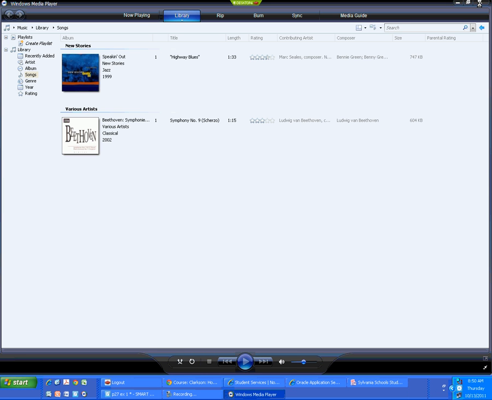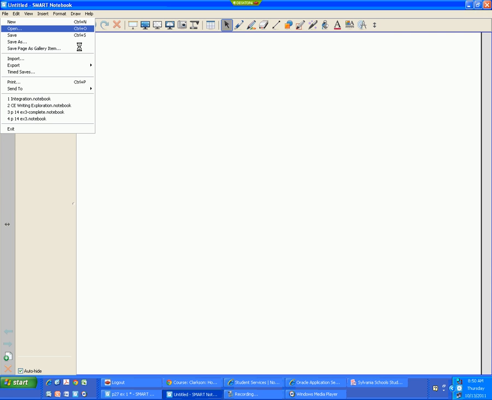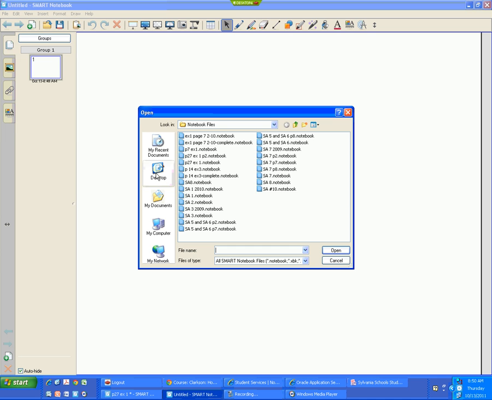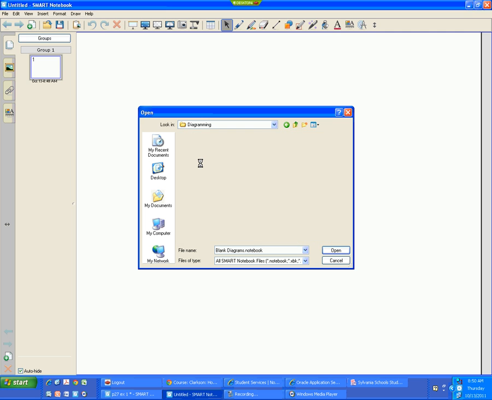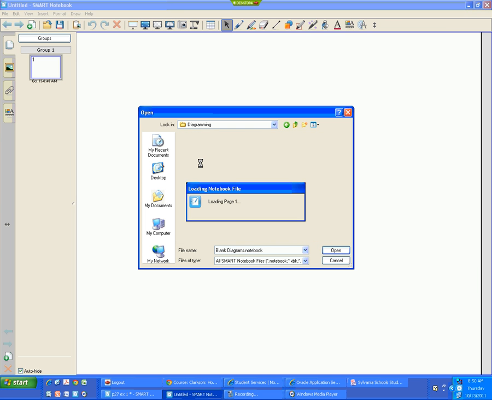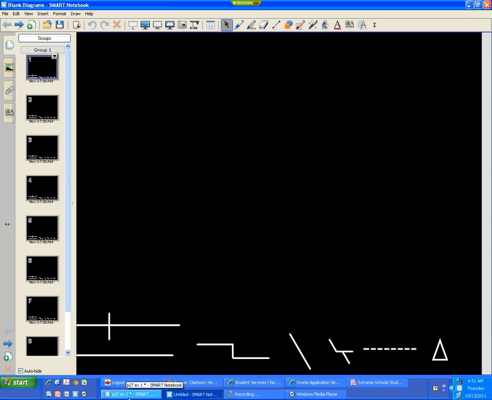Diagrams are all over the place. There we go. Almost there. Okay, success, yay.